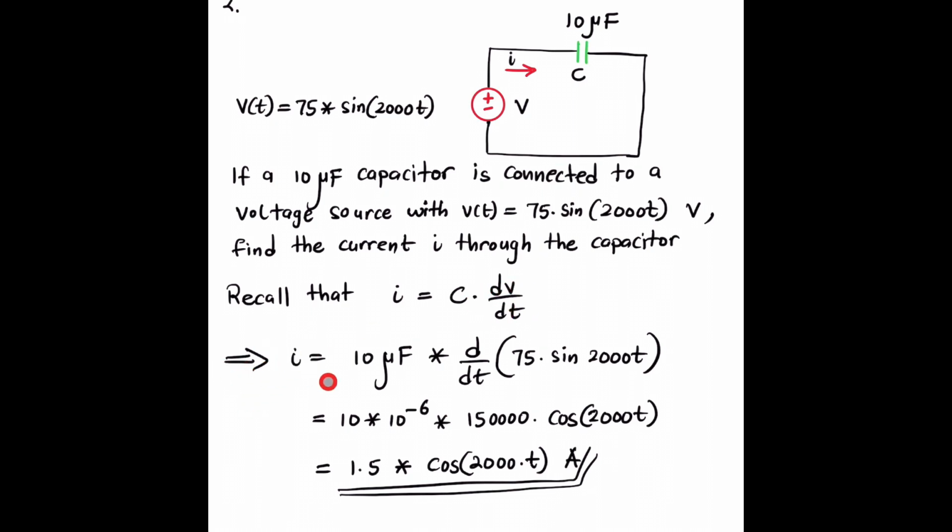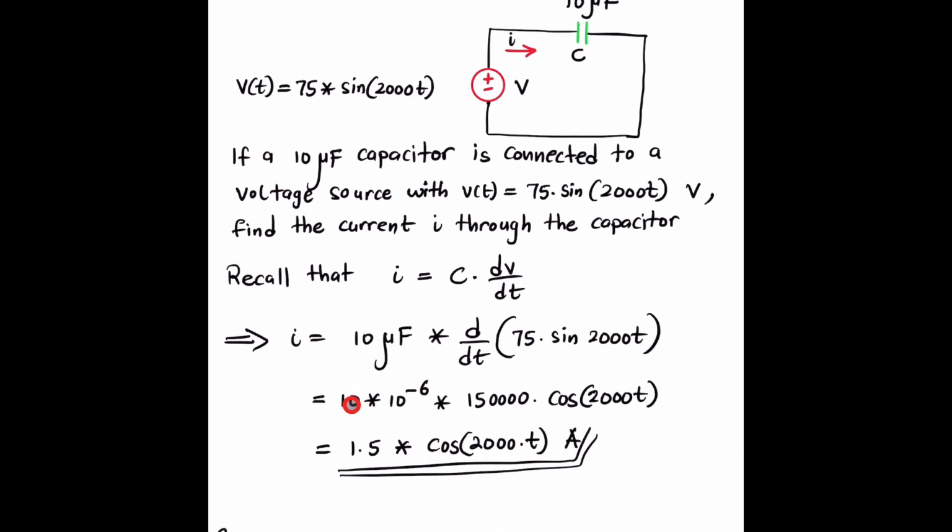This implies that I equals C, d/dt of V. So this is 10 micro. d/dt of this gives you this cosine function, and we get 1.5 times this cosine function. This is current, so it's in amps.